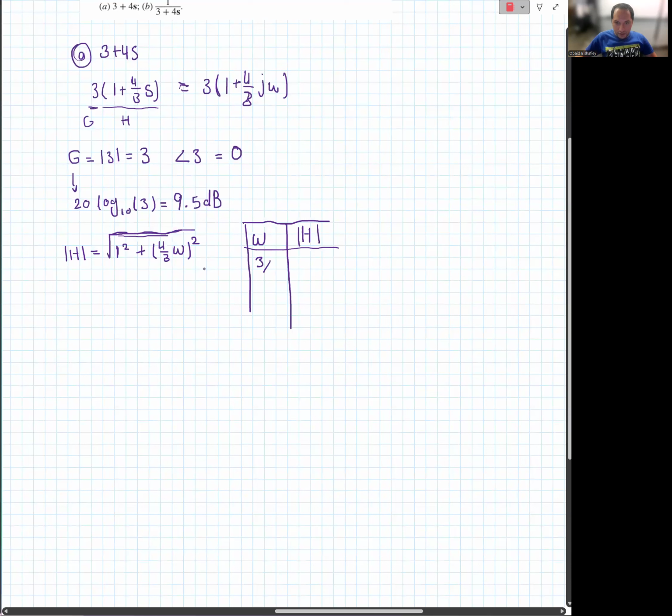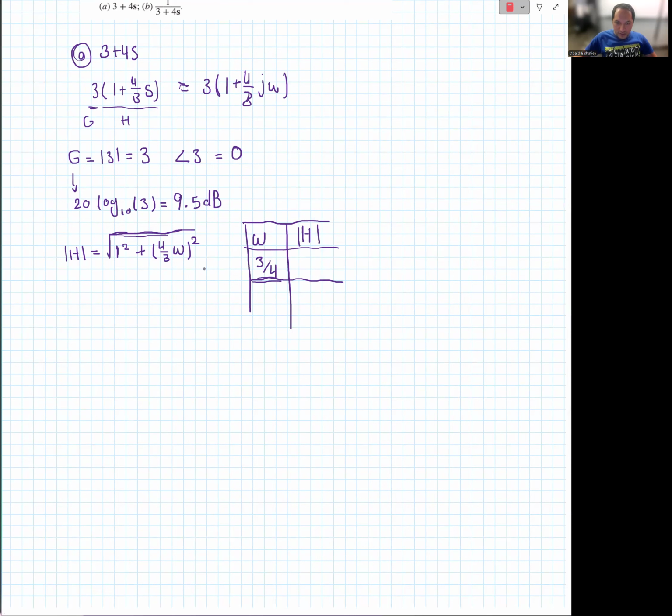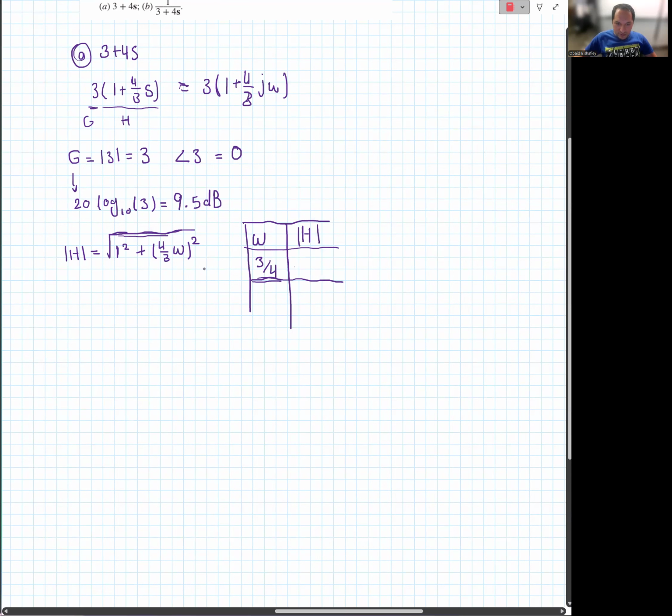When omega equals 3 over 4, this is referred to as the breakout point, or omega C. So this becomes the root of 1 squared plus 1 squared, which equals root 2, which is the small value. So it becomes root 2.